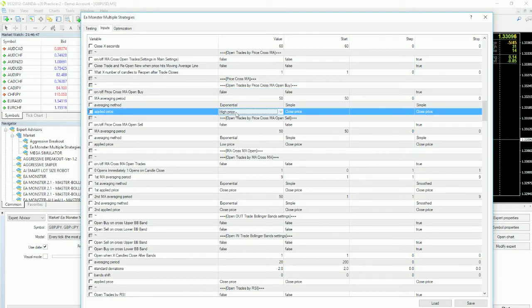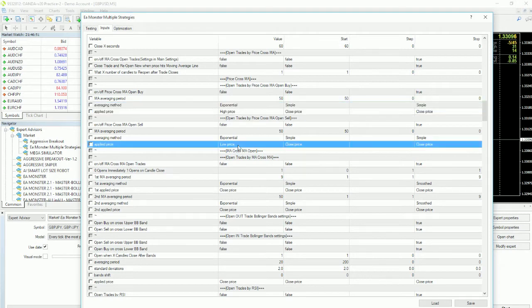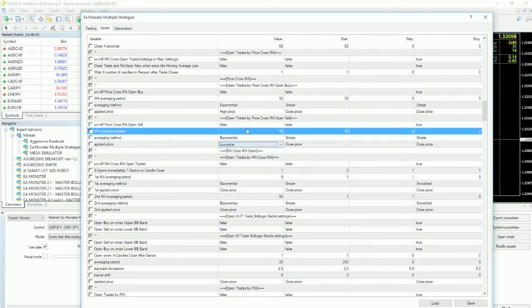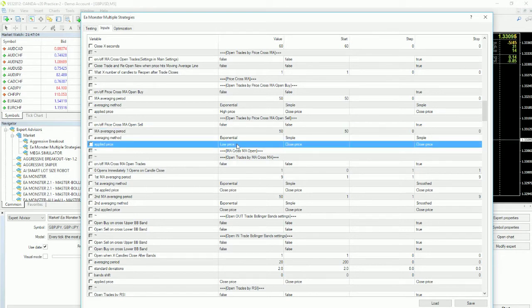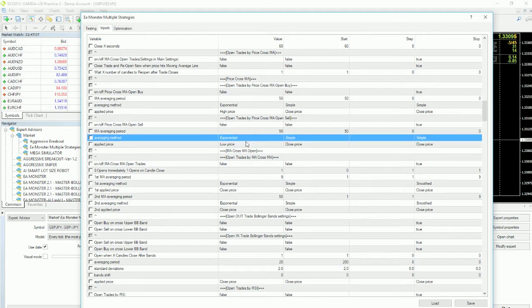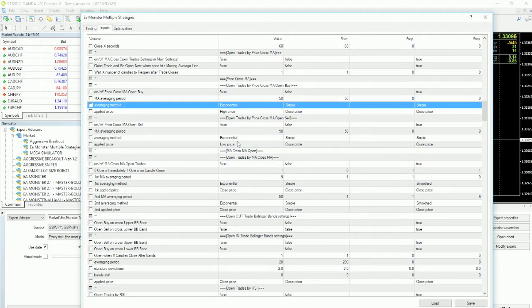It is to basically, you could put this at a high, open the buys on the high, open the sells on the low. Very handy, because maybe you want to wait for it to close to cross the high of the moving average to open the buy. Maybe you want to make sure that it really crosses the low of the moving average to open a sell.